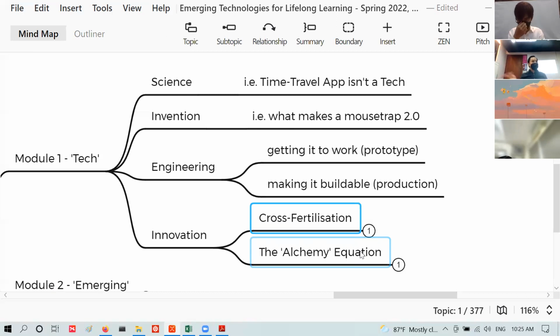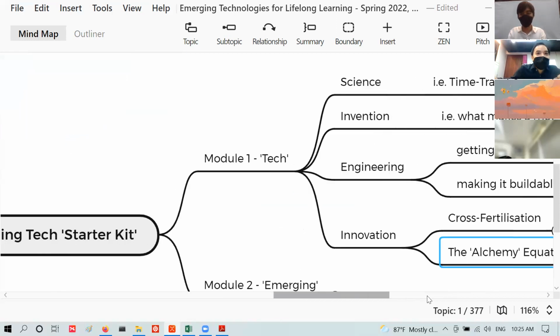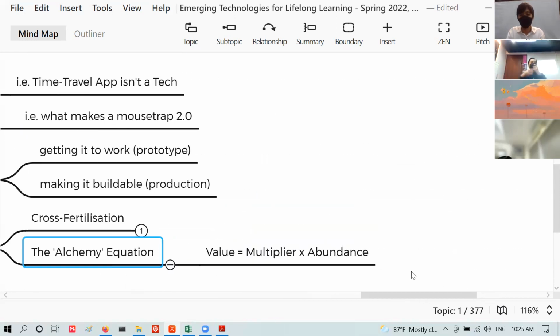So the alchemy equation is simply this: value is equal to some kind of value multiplier, in this case the ratio between gold price and lead price, times the abundance. So let's say in the Middle Ages a lump of gold is worth 3,000 times a lump of lead.